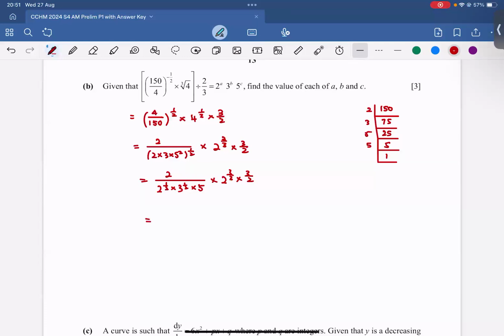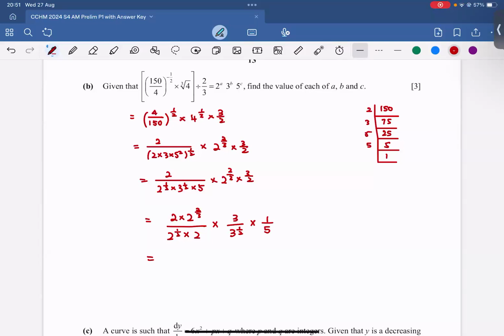So let's settle the 2 first. So what do we have? For the 2, we have 2 times 2 to the power of 2 thirds, over 2 to the power of half times 2. Then for 3, we have 3 on top, 3 below. And for 5, we only have 1 over 5.